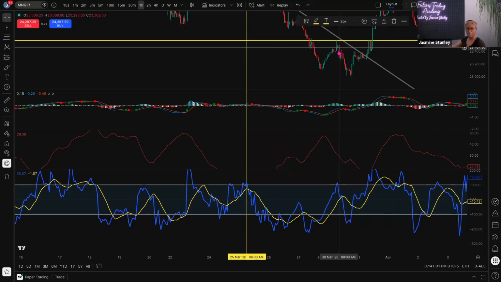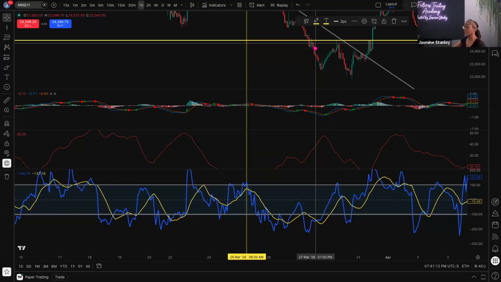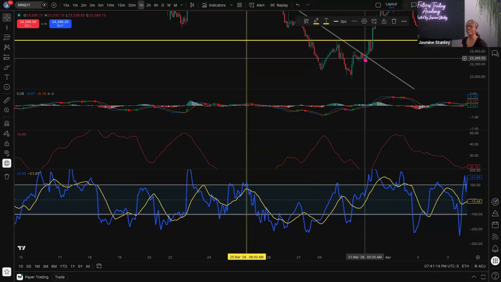So that's how you find your level. Okay, I know my entry, but where am I going? You're going where it came from. It's really that simple. That's what's crazy about trading. You just got to simplify it.